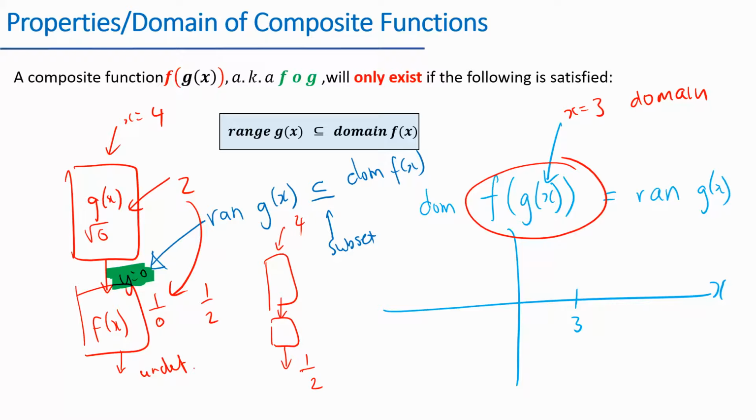The domain of the first machine was... Oh, I see what you're trying to say. I'm just trying to see if that even works. I'm trying to think of a problem that... Because if your x value doesn't fit the first machine, then naturally it's not in the domain of the composite function.